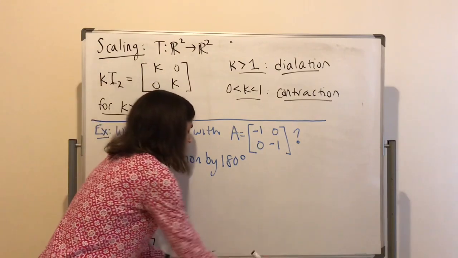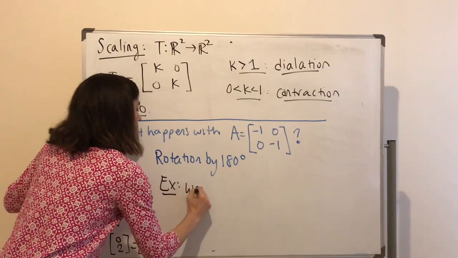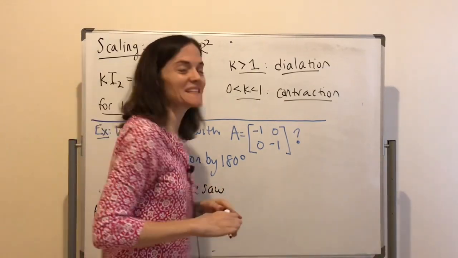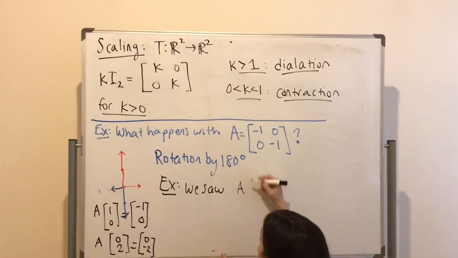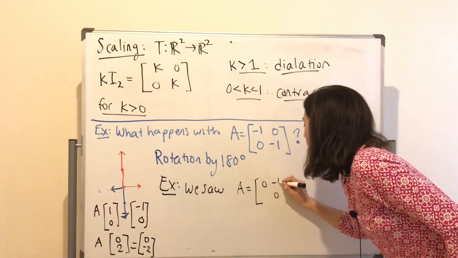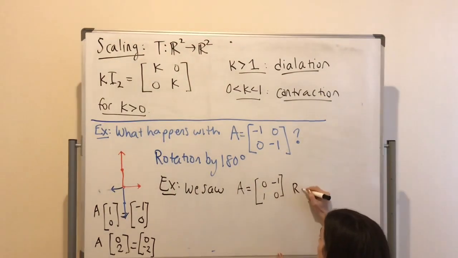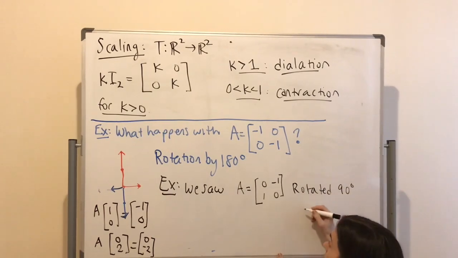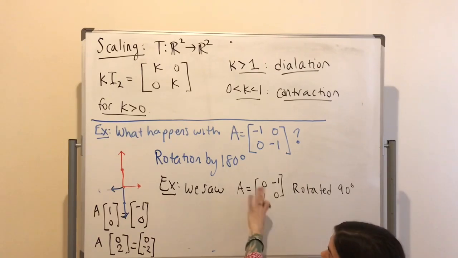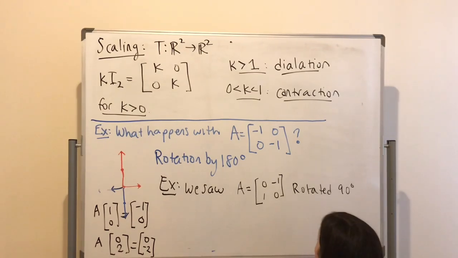Now, we saw another matrix which gives us rotation. This was one of the first examples we did, that this rotated 90 degrees. For 180, it doesn't matter which way you think about it, but this one certainly matters. And when I talk about rotations in general, it will certainly matter.